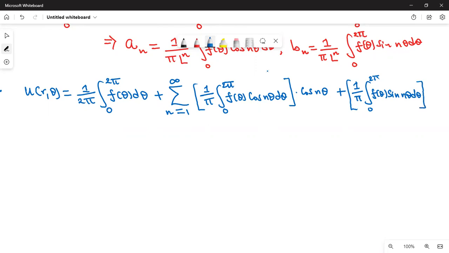This is again multiplying sine n theta. So what we have there is our general solution corresponding to the first case where k is positive.